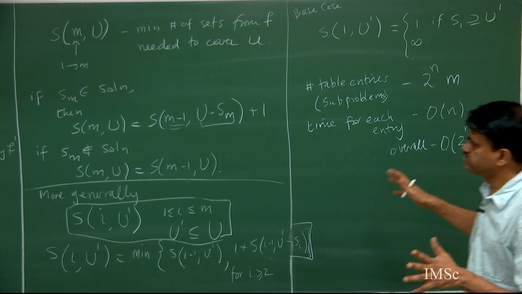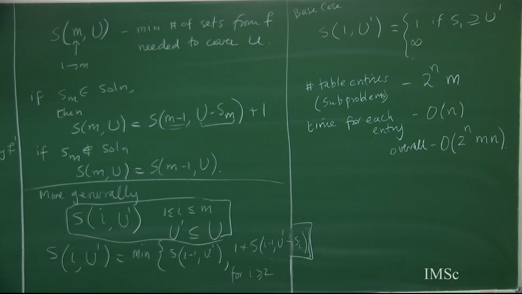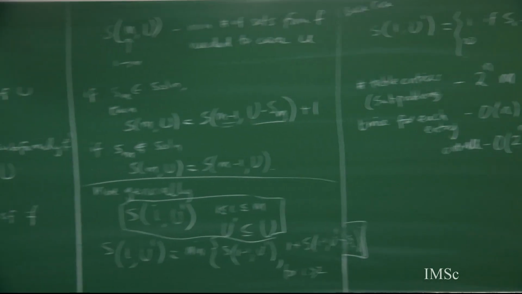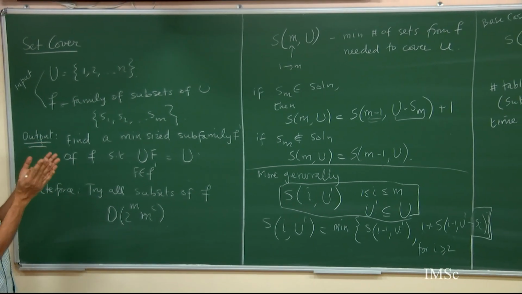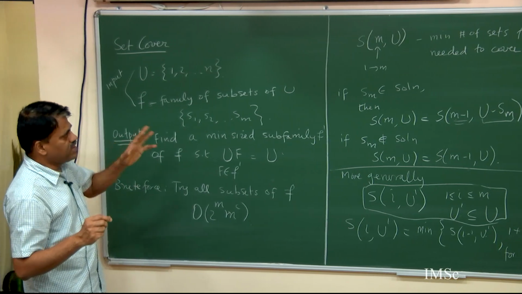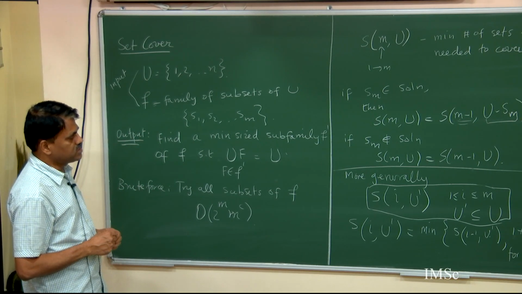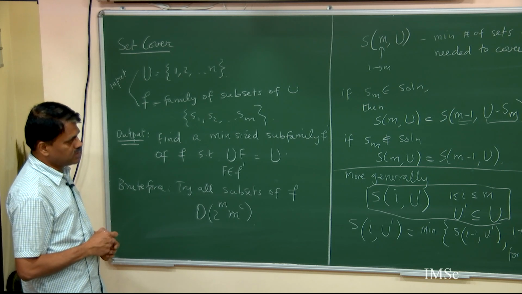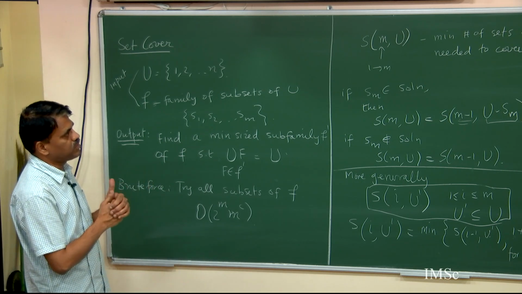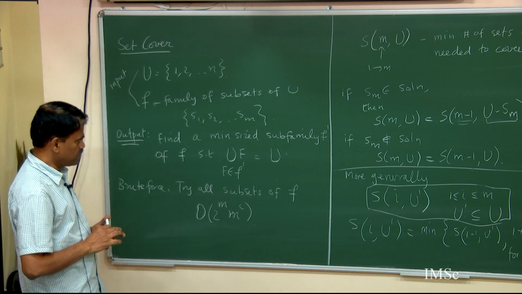So, pretty simple dynamic programming, it just gives you a big lift in the running time, and all you have to do is take your choice: do I want to include one set or not. Once you make that choice, then you have a recursive formulation. It tells you what subproblems you need, the order in which you have to compute these subproblems, and what the base case is. That's it. Okay, very simple.